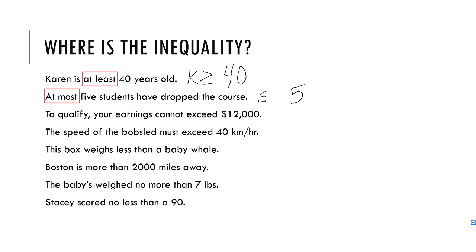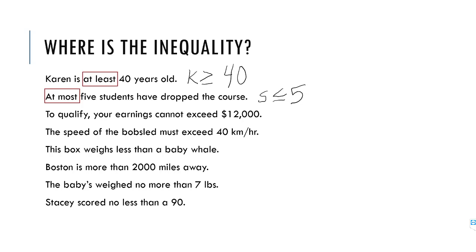So, again, look at the numbers that would make that true. If 4 students have dropped the course, if 0 students have dropped the course, if 5 students have dropped the course, that would work. But anything bigger than 5 wouldn't work. So I'm going to say S is less than or equal to 5 because at most 5 students have dropped the course. Let's look at the next one.